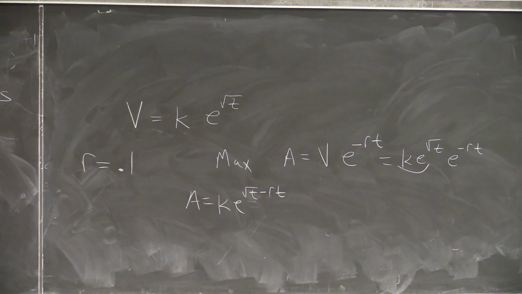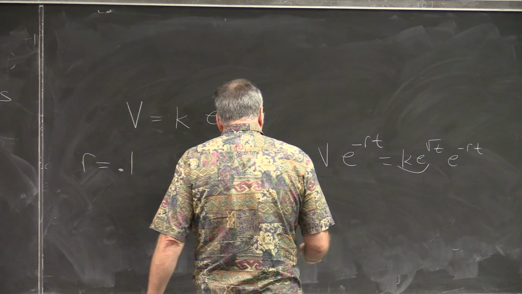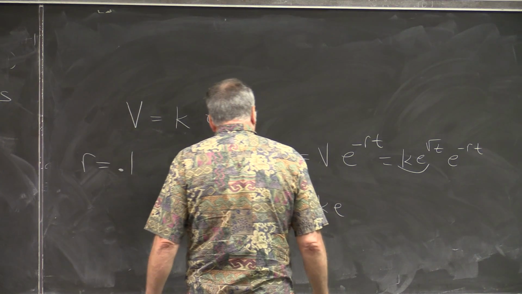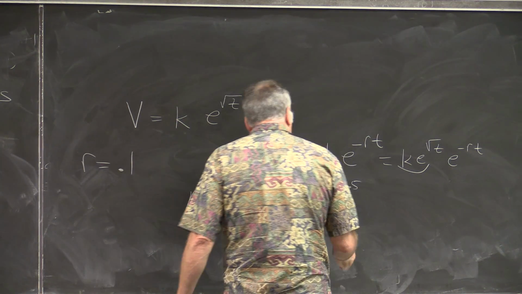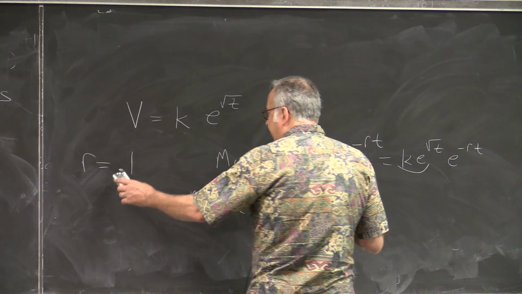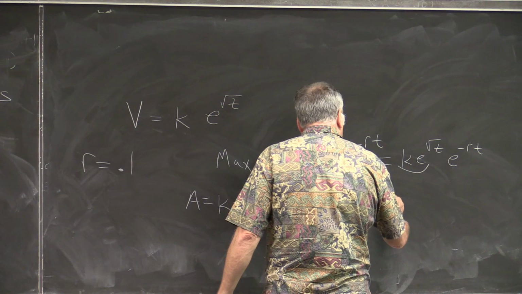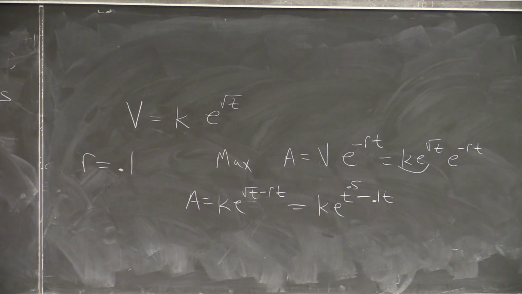So our present value, a, is equal to k times e to the t to the 0.5 power minus, and we're assuming r is 0.1 now, so let's substitute in 0.1 t. So that's our objective function.